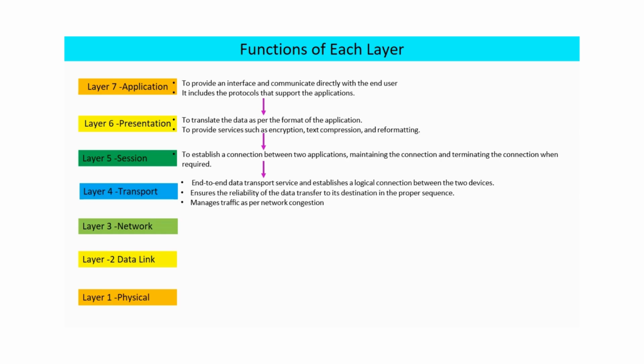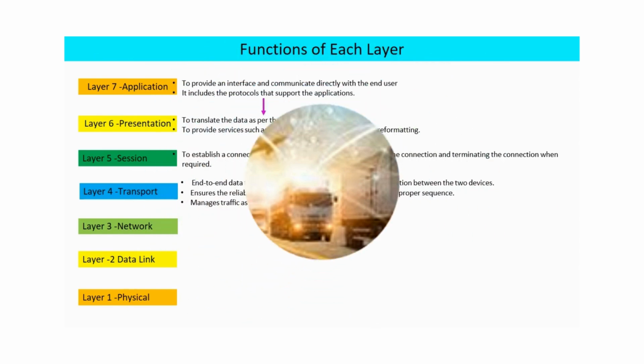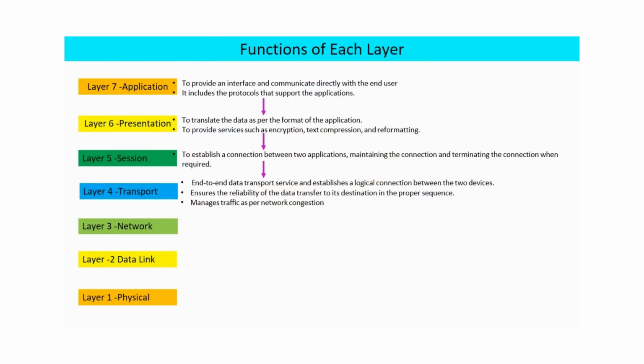It provides an end-to-end data transport service and establishes a logical connection between the two devices, ensures the reliability of data transfer to its destination, and manages the traffic as per network congestion. Now, network layer. To insert the IP address into the packet header and route the packet to its destination, this is the function of the network layer.